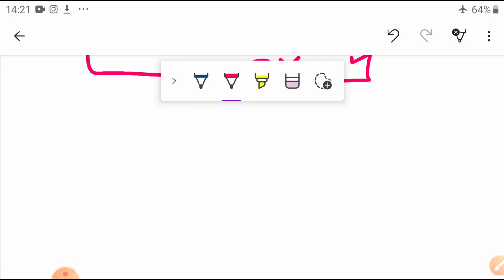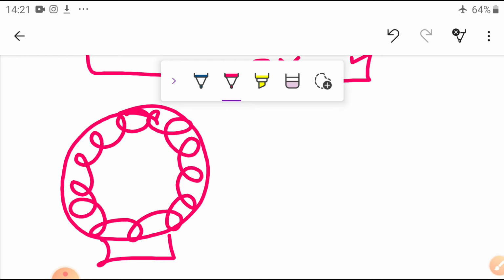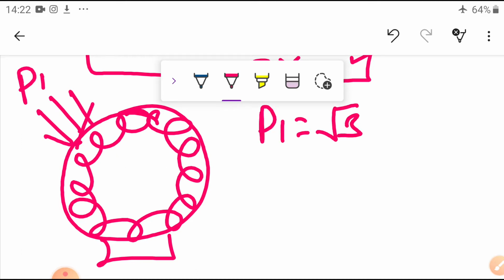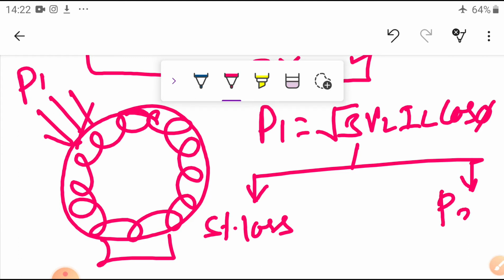We derived that here is the stator winding, given a 3-phase supply. The input P1 is equal to root 3 VL IL cos phi, and this total energy is utilized for stator losses and the stator output, that is P2.